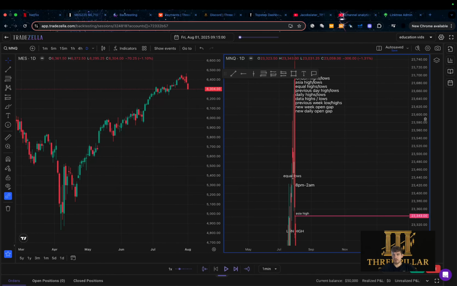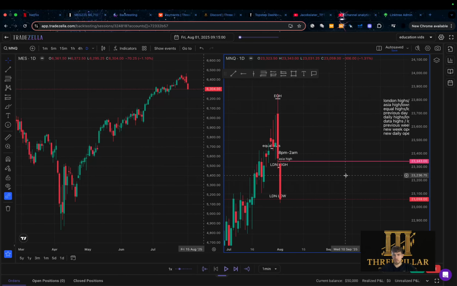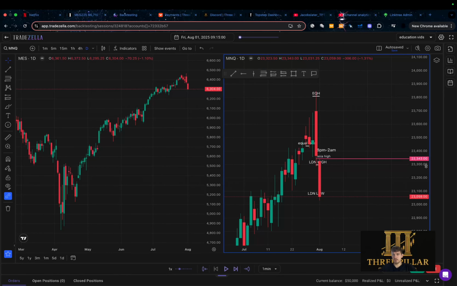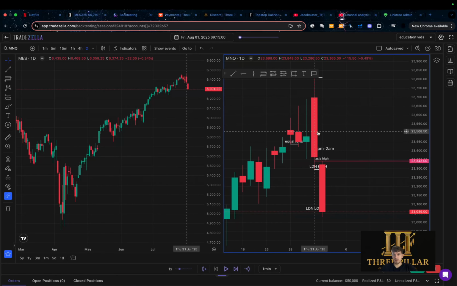Previous day highs and lows. For the previous day, we look at the daily. The previous low we've already swept. You can see here that this is the previous daily candle and this is the low. I'll mark it out for you. This is the low there.